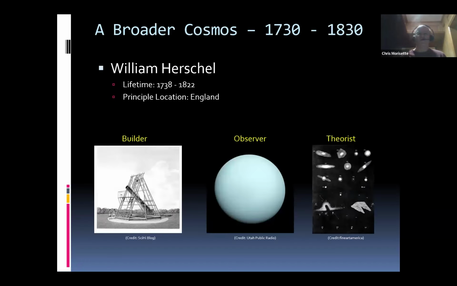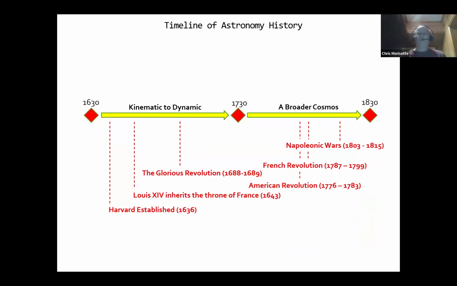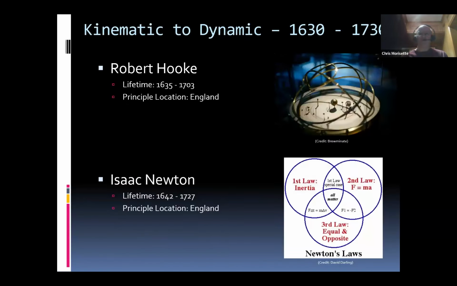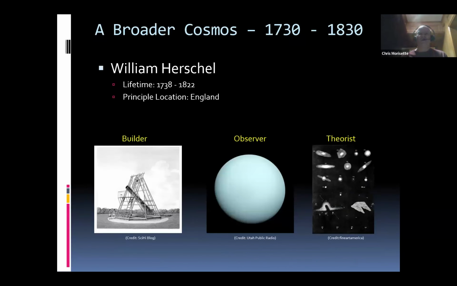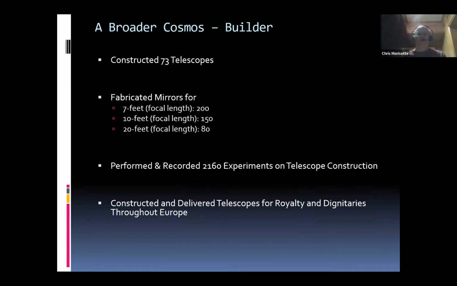Let me just see if I can flip back up to that quickly. The Napoleonic Wars were happening here in the latter part of this period of time. And William Herschel actually delivered a telescope that he had built to Napoleon's brother. So kings, queens, noblemen of all stripes throughout Europe commissioned and received telescopes built by William Herschel.